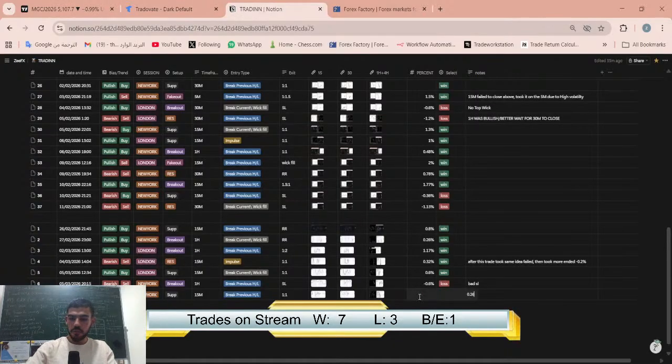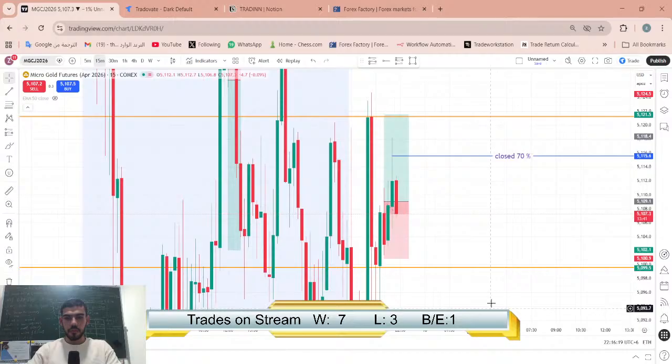It's really small, but it's something. Small wins every day will make big wins in the future. Very choppy day. I think that was it for today.